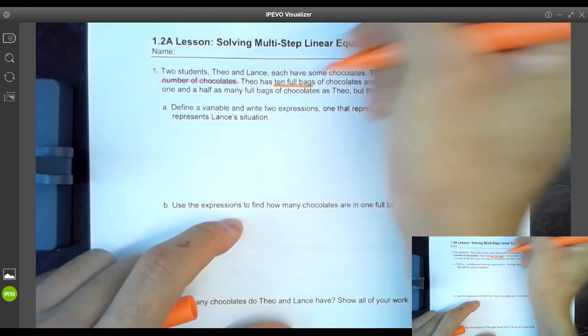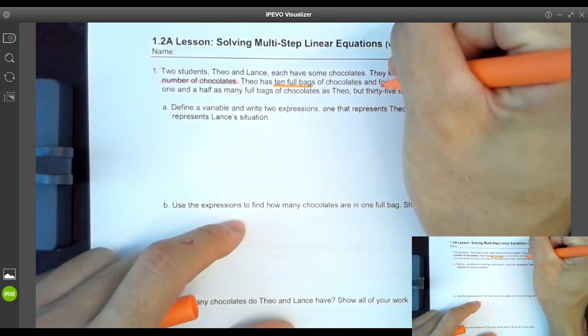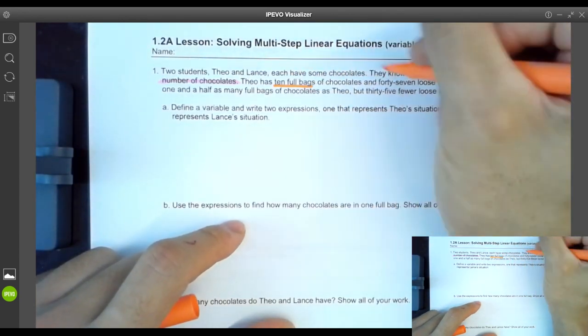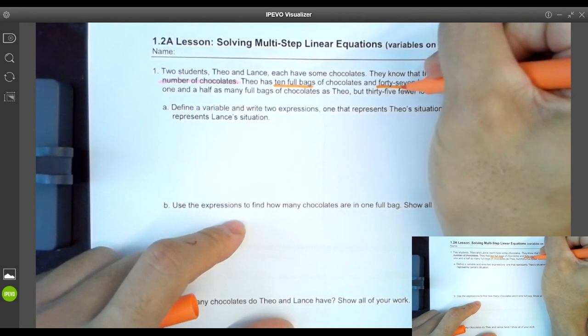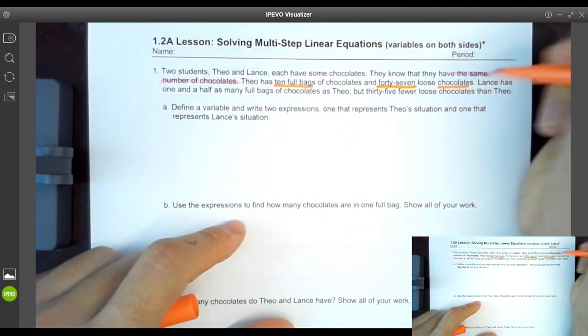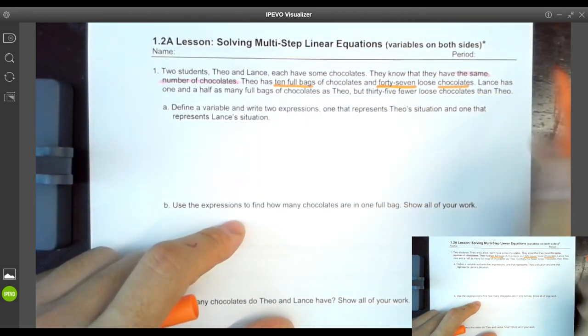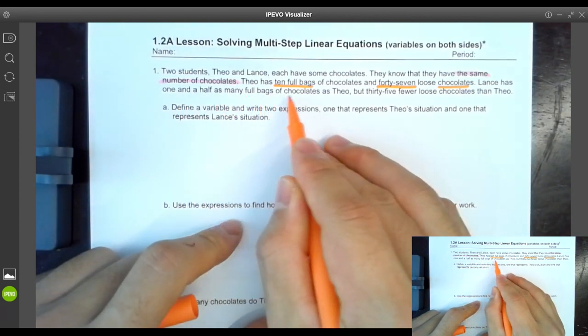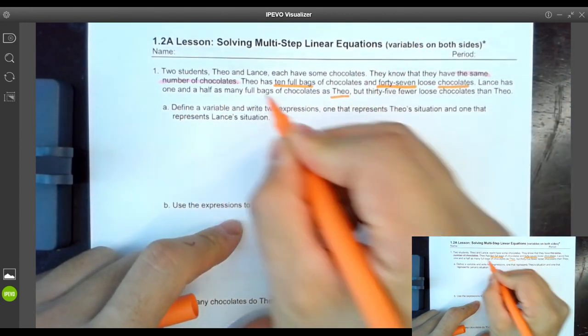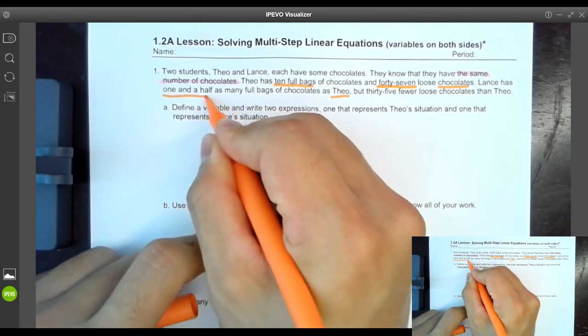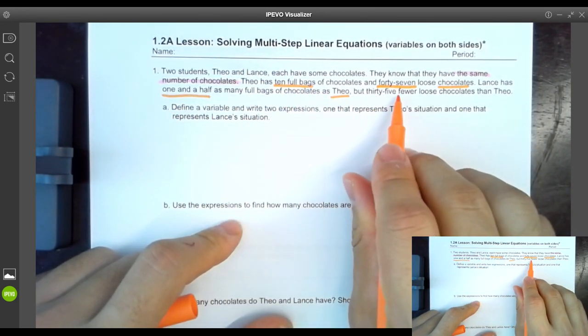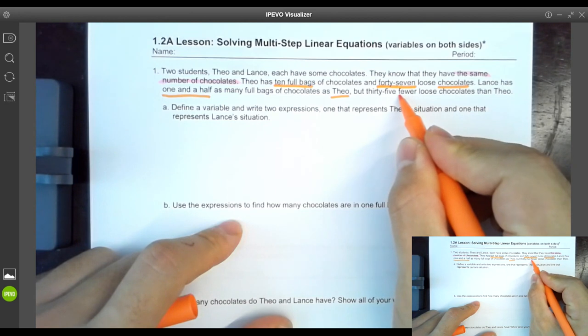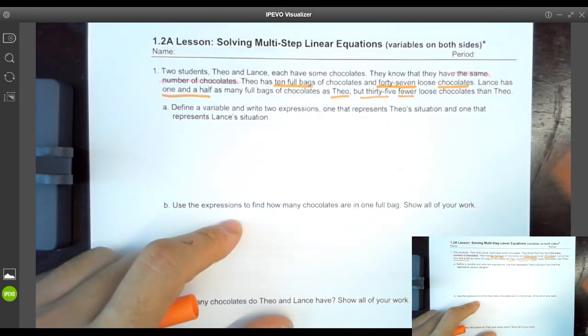How many chocolates are in a bag? We don't really know. But we do know that Theo has 10 full bags and then 47 kind of loose chocolates just on the side. Lance has 1.5 as many full bags of chocolates as Theo, right? 1.5. But 35 fewer loose chocolates than Theo.